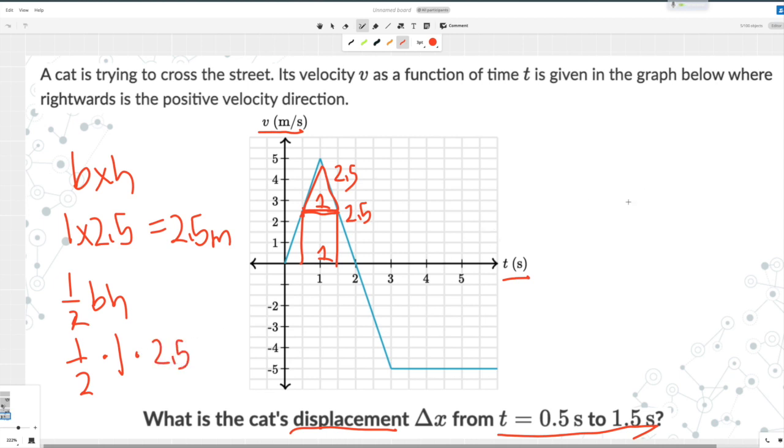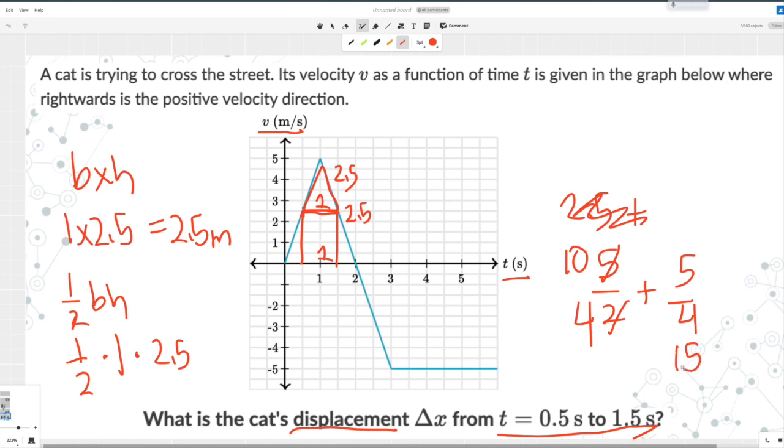The answer will be 2.5, which is the rectangle, plus 5 over 4. You can write 2.5 as 5 over 2, and we can convert this to 10 over 4. That gives us 15 over 4 meters. This one was a little bit more involved because we had to break it up into a triangle and a rectangle, but hopefully that makes sense.